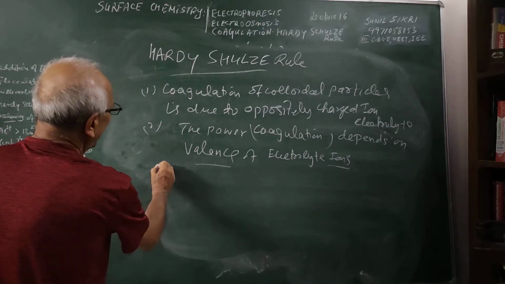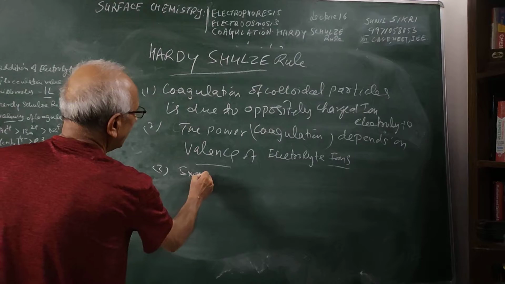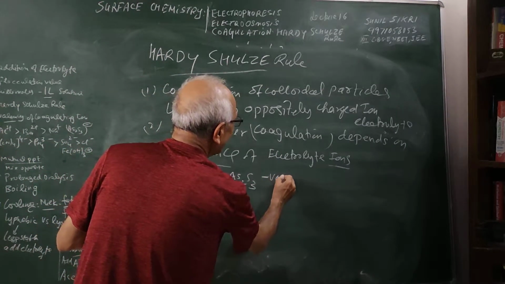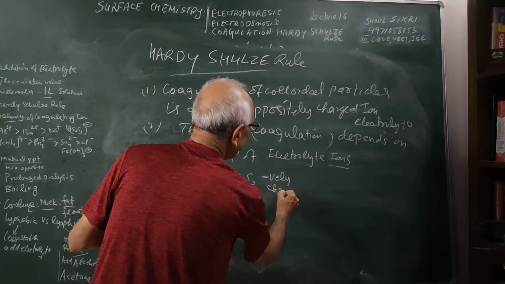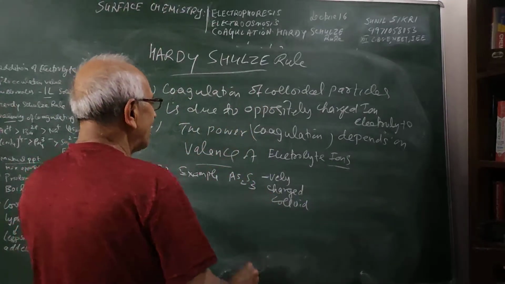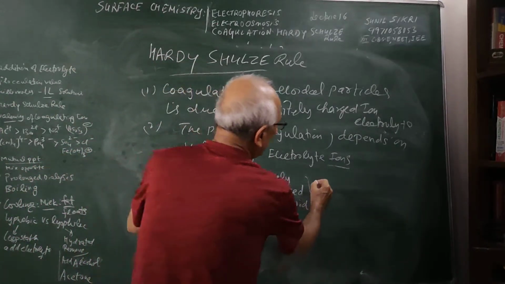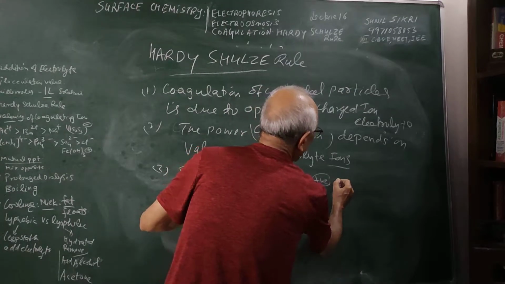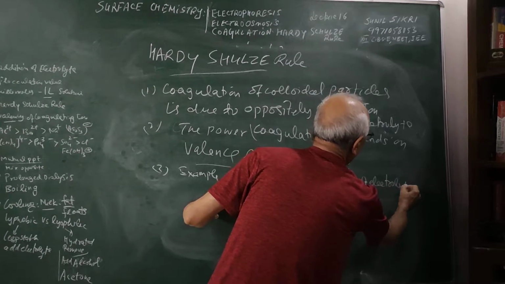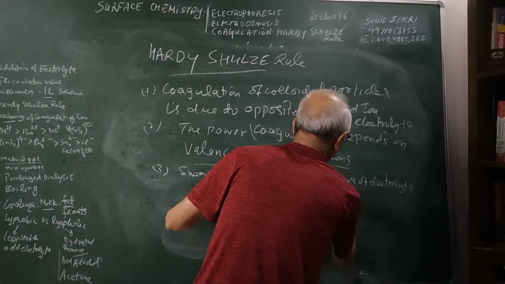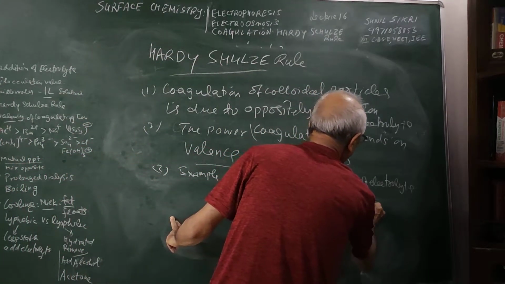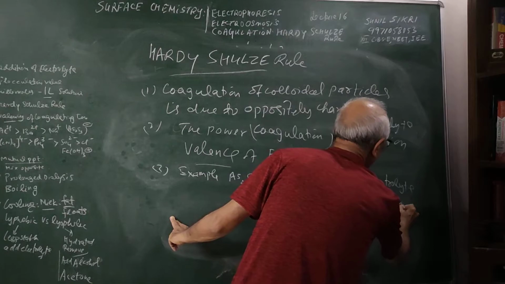For example, arsenic sulfide is a negatively charged colloid, and in this case it will be coagulated by positive ions of the electrolyte. Here I can say that Al3+ is greater than Ba2+, which is greater than Na+.